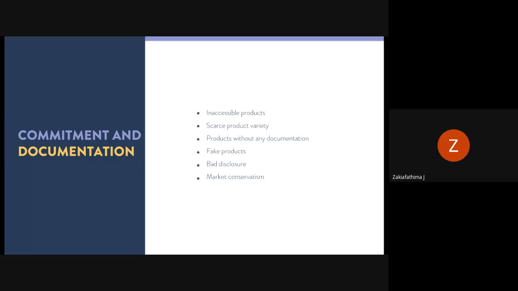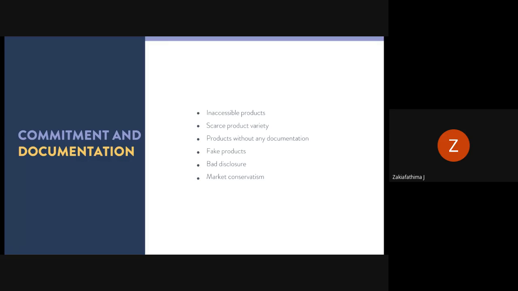Bad disclosure is considered at this point because, because of fake products, people start losing trust in the material, they start losing hope in them, and they stop using them itself. And then there is market conservatism. Some markets are so focused on conserving resources that you do not get the material easily.